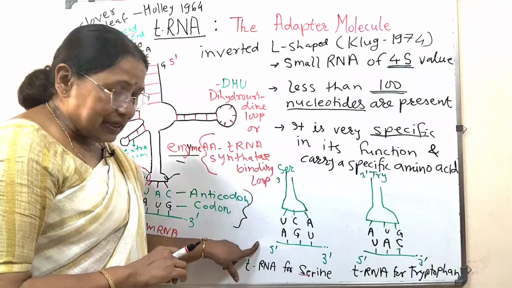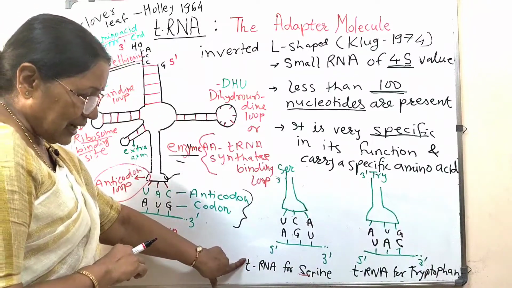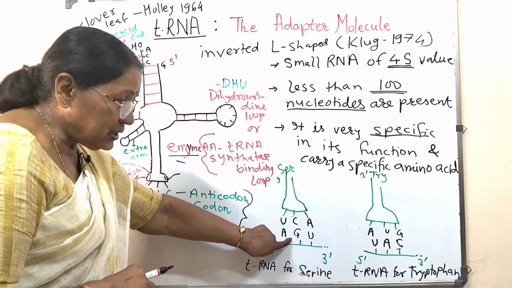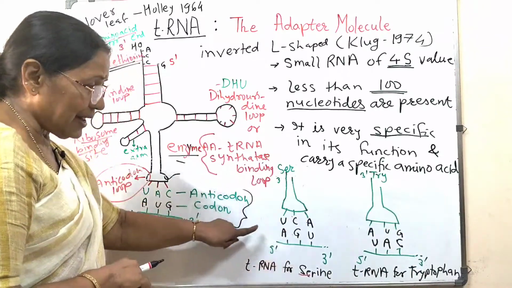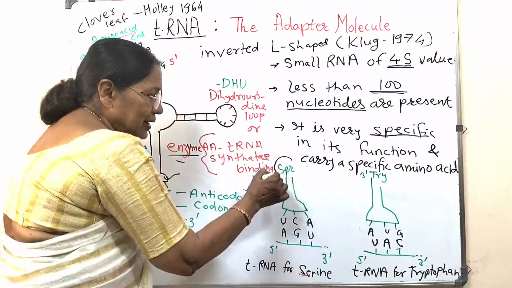See this one for serine and this one for tryptophan. Let us first start with serine. On mRNA it is AGU and on tRNA it is UCA. Then it codes for serine.